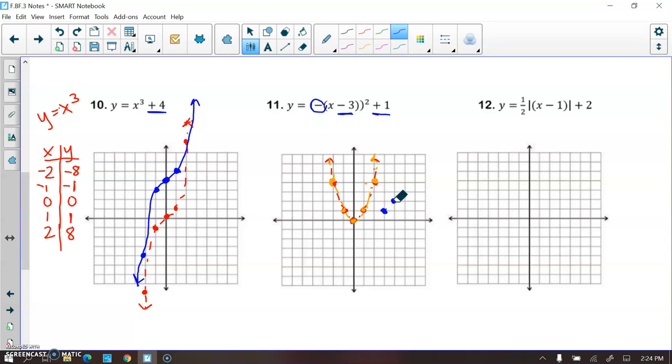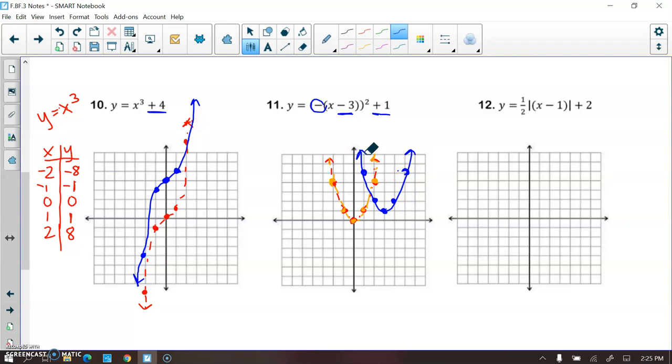Shifting my point negative 1, 1 to the right 3 units and up 1, that puts me here. Shifting my point 2, 4 to the right 3 units and up 1, that puts me right here. And then lastly, shifting my point negative 2, 4 to the right 3 units and up 1 puts me right here. So this is my final location of my transformed graph.